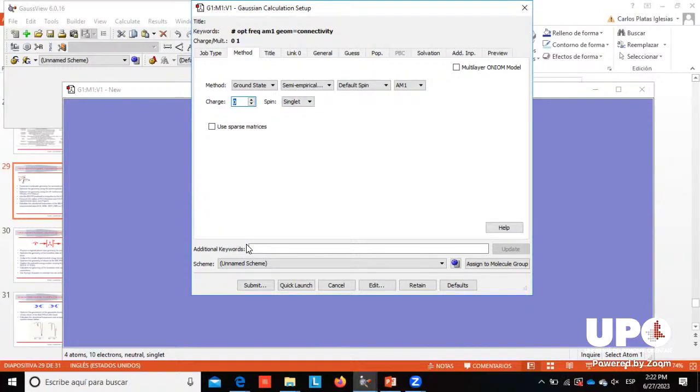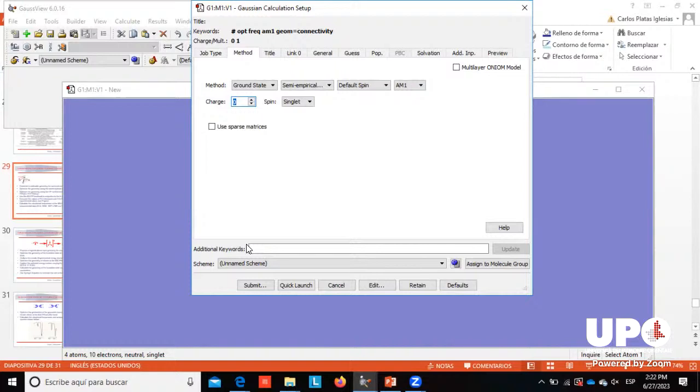If you remember from the previous session, an optimization generally goes through first derivatives of the wave function with respect to the nuclear positions, all right? So that if we want to reach a minimum, the first derivatives should be 0, right?